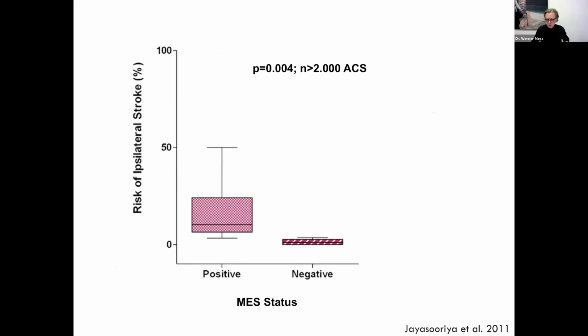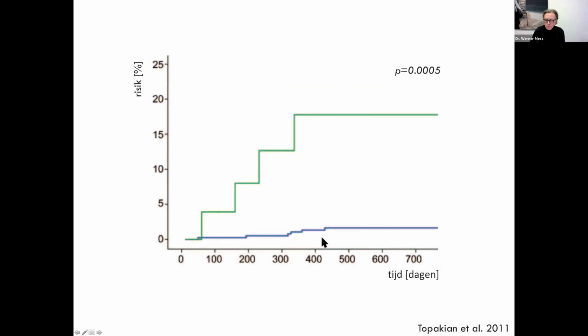So this is in this review, and you saw a figure of this review before. Everything taken together, we have data from more than 2,000 asymptomatic carotid stenosis patients, and there is a huge difference when it comes to future symptomatology. The emboli positive have a much higher risk than the emboli negative ones.